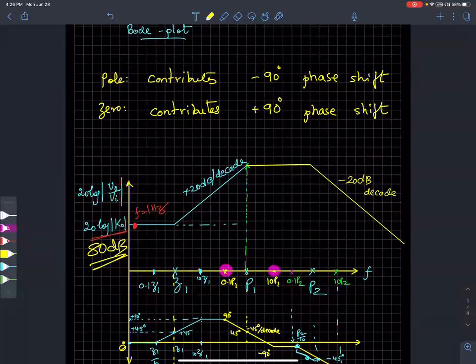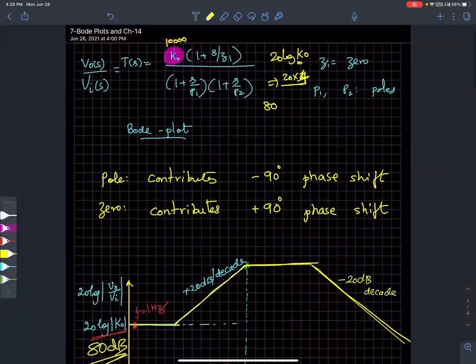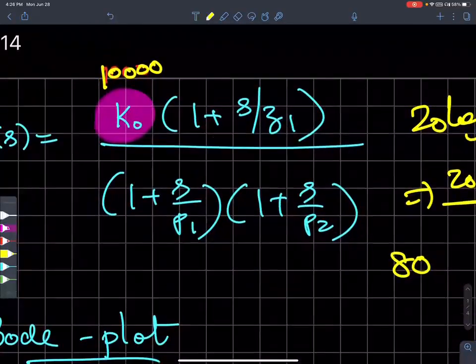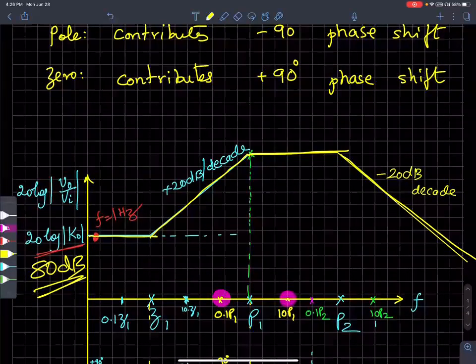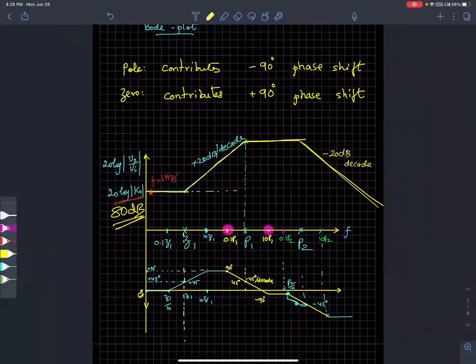Now, using this approximation, you don't have to do the complex mathematics at all. It's going to be very, very simple arithmetic. Let's say Z1 is at 1,000 radians per second, and P1 is at 100,000 radians per second.